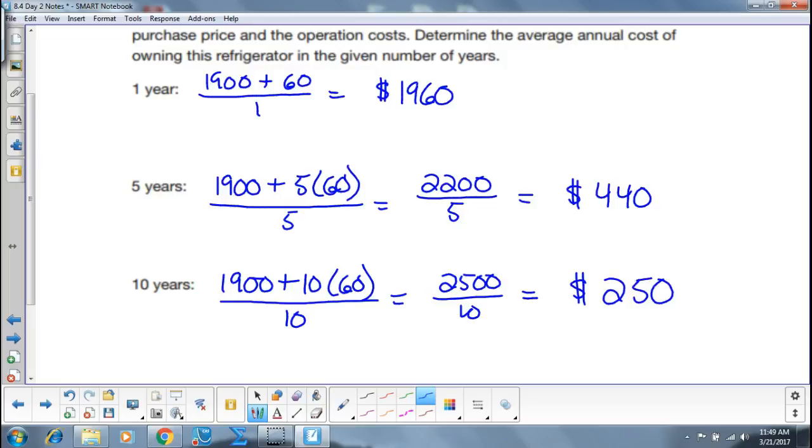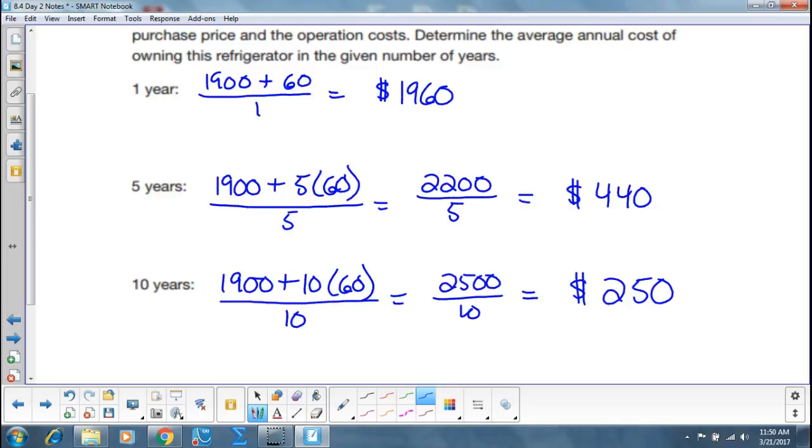Now the Energy Star has finally taken over, right? So somewhere between 5 and 10 years is the tipping point where it becomes cheaper to get the Energy Star one. It's definitely still worth it to get non-certified? The non-certified one? I've had a refrigerator in my basement for 17 years.